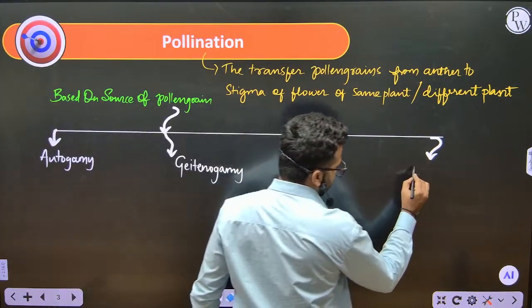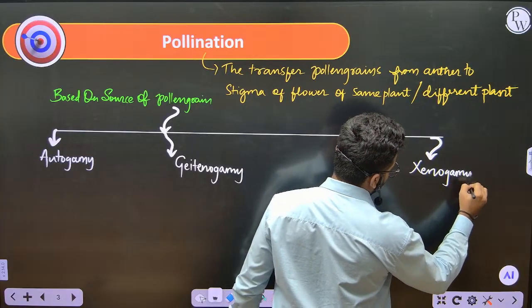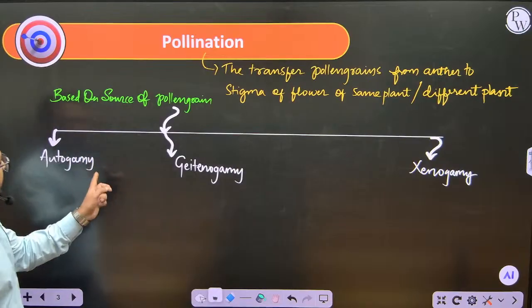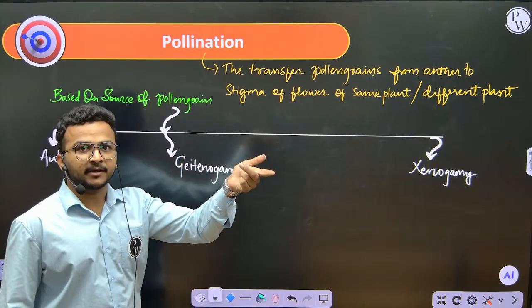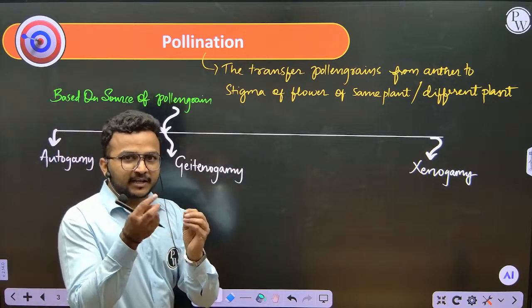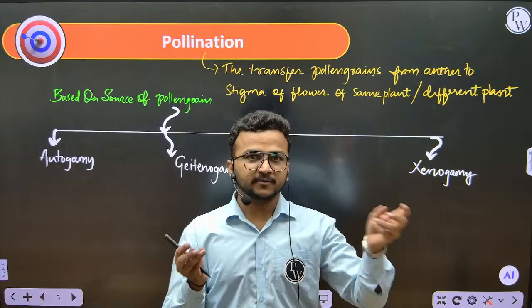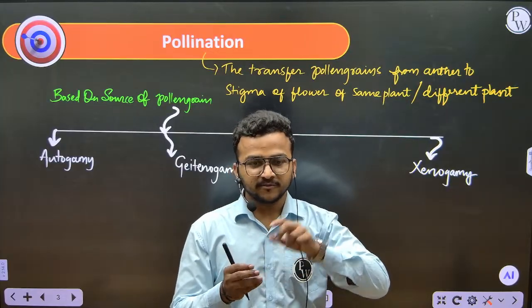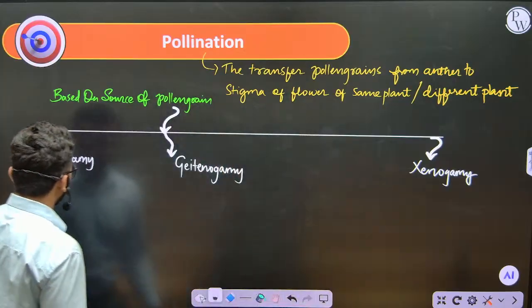And the other one is xenogamy. So there are three different types based on the source of pollen grain: whether the pollen grain is coming from the same flower, or from a different flower of the same plant. Based on that, we will be seeing three types.